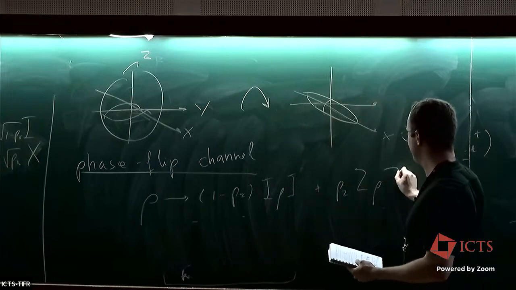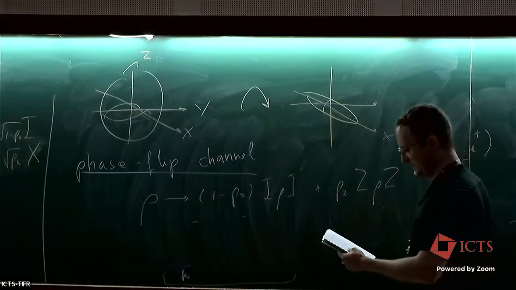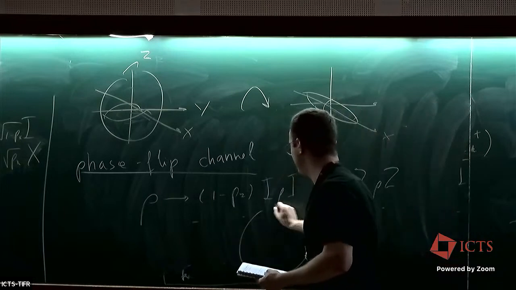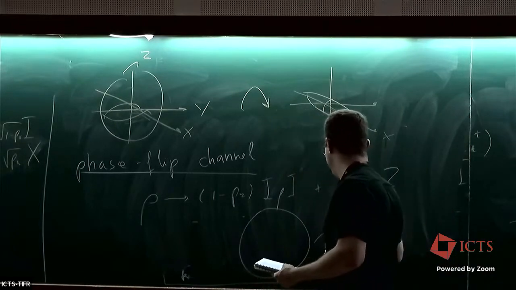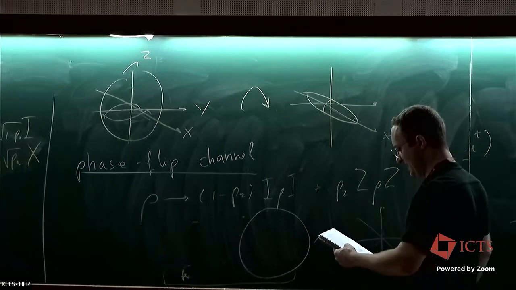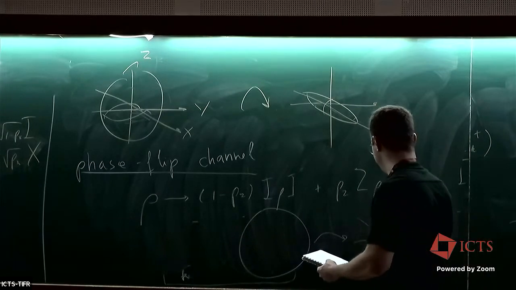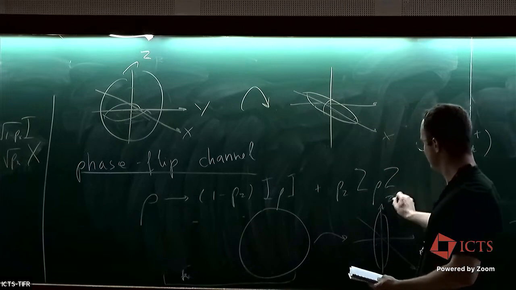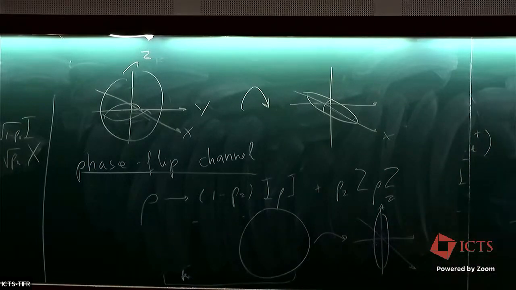In the Bloch sphere picture, it will become a cigar, but now along the Z direction. This is also called the dephasing channel.